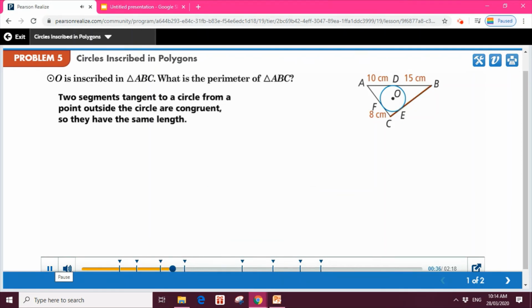Two segments tangent to a circle from a point outside the circle are congruent, so they have the same length. Segments AD and AF have the same length, 10 centimeters. Segments BD and BE have the same length, 15 centimeters. And segments CF and CE have the same length, 8 centimeters.